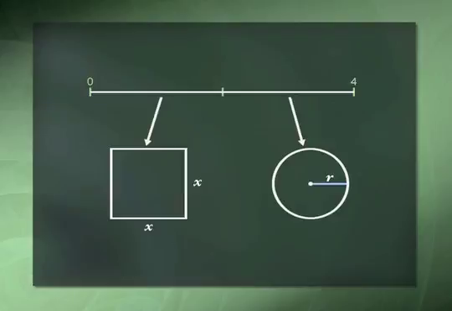What's the area enclosed by those two figures? Well, the area enclosed by the square is, of course, x squared. That's the area of a square. And what's the area of our circle? Pi r squared. So you see, again, we need some pre-calculus geometry formulas here.